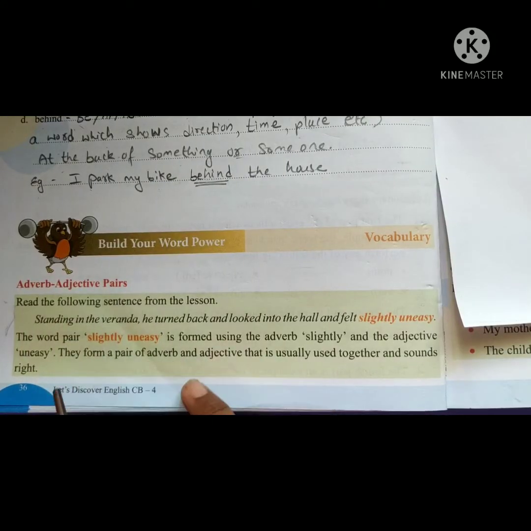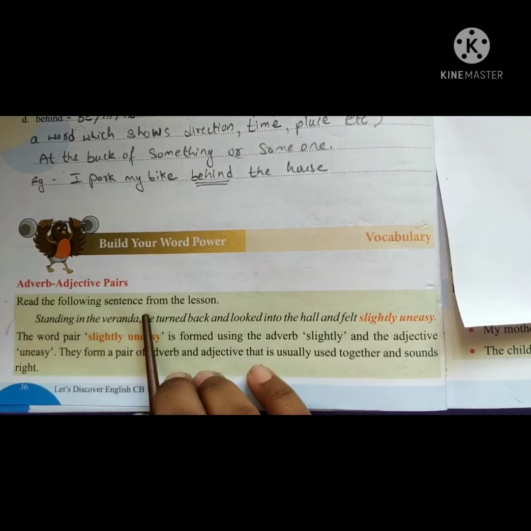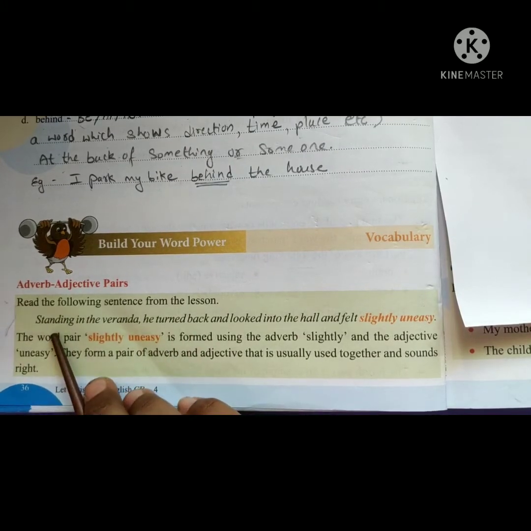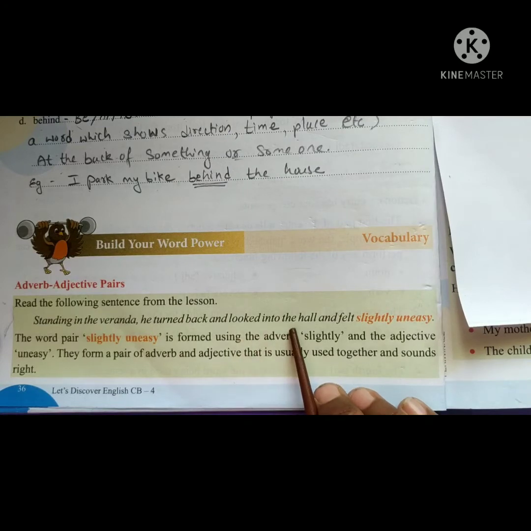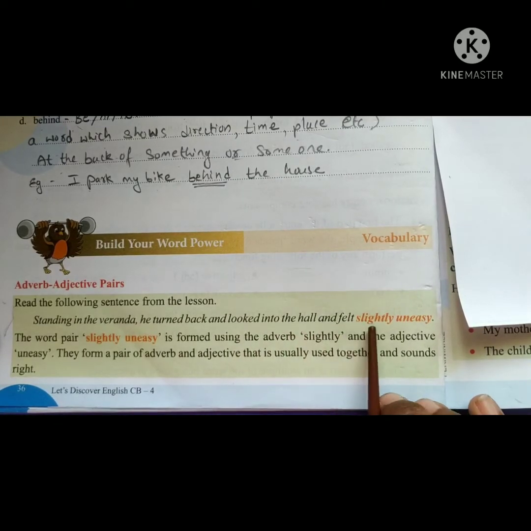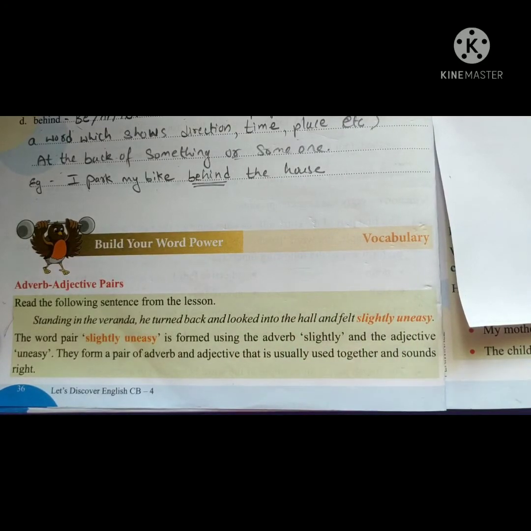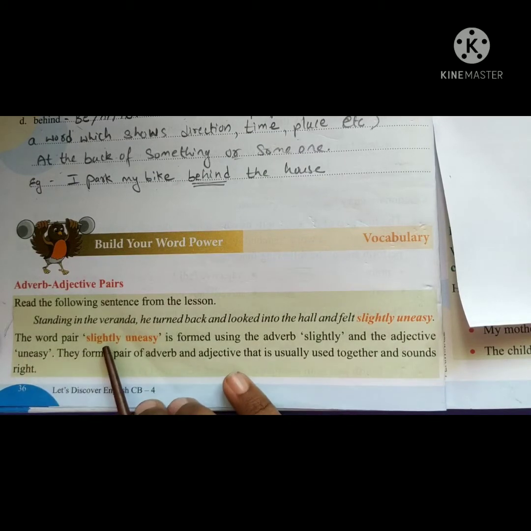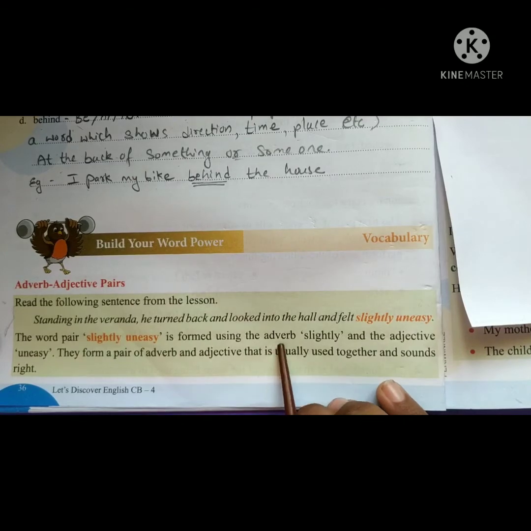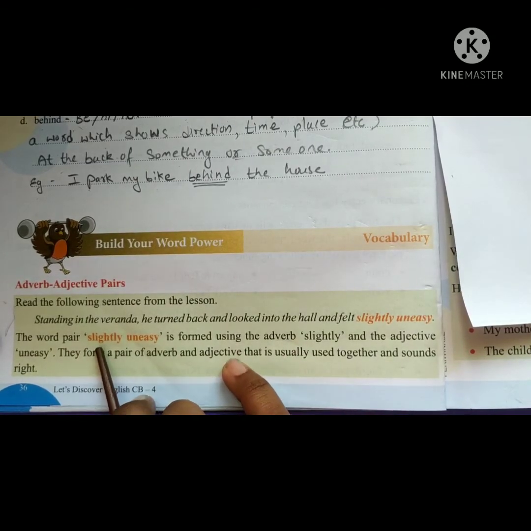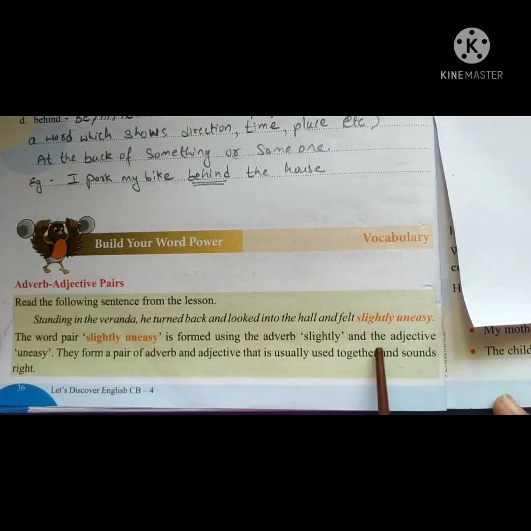Adverb and adjective pairs. Read the following sentence from the lesson. Standing in the veranda, he turned back and looked into the hall and felt slightly uneasy. The word pair slightly uneasy is formed using an adverb. Adverb is slightly and the adjective is uneasy.